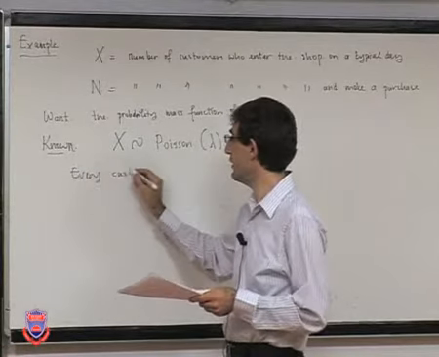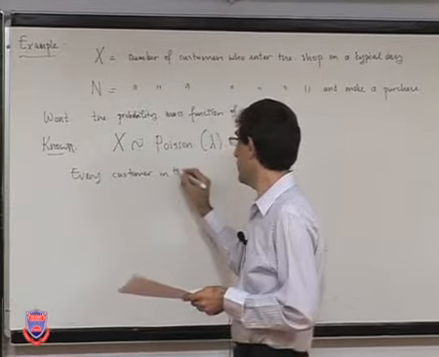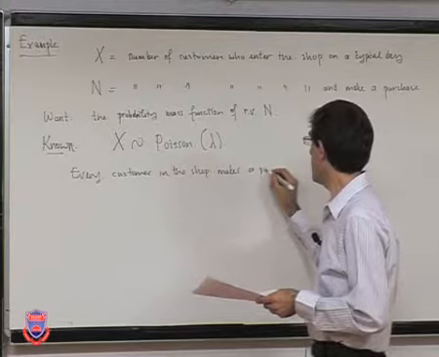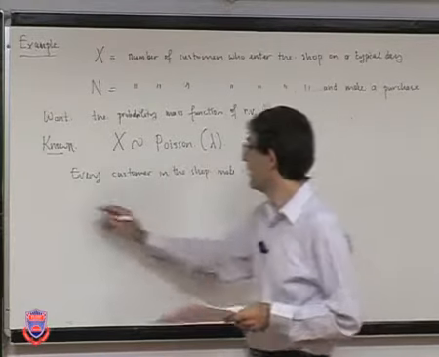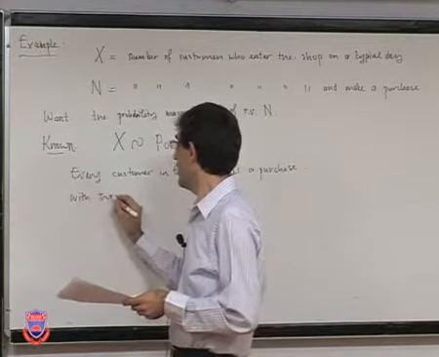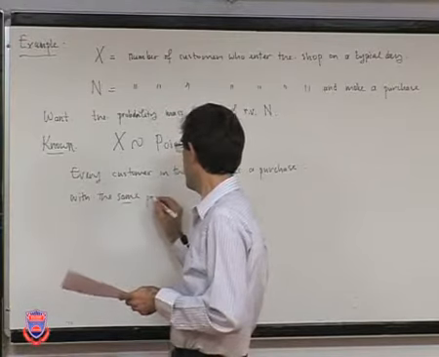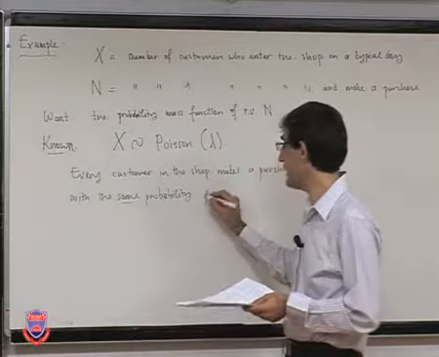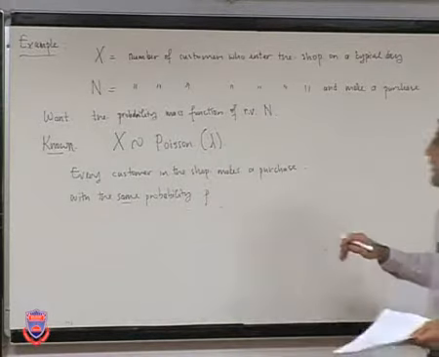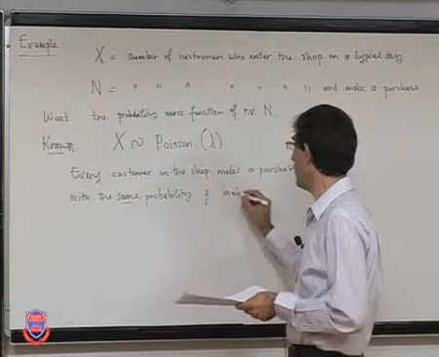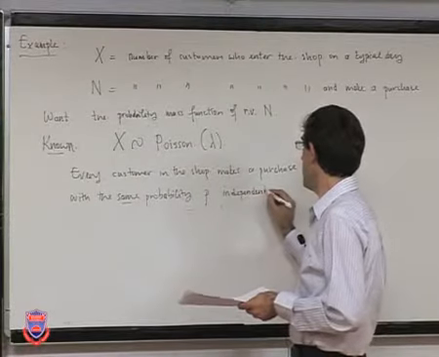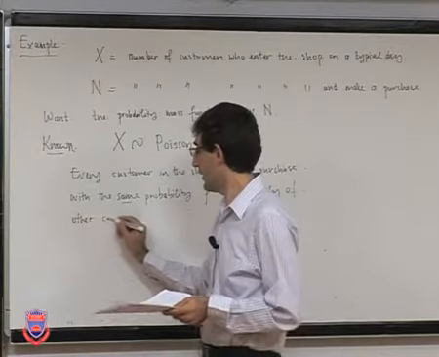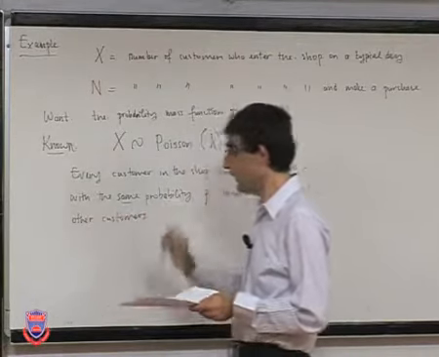So every customer in the shop makes a purchase with the same probability p, which is a number that is given to us, independently of other customers.